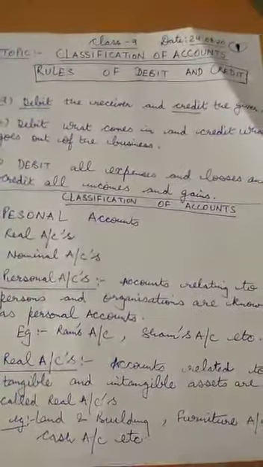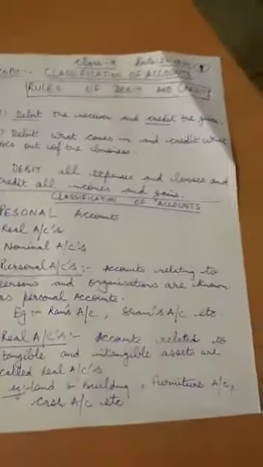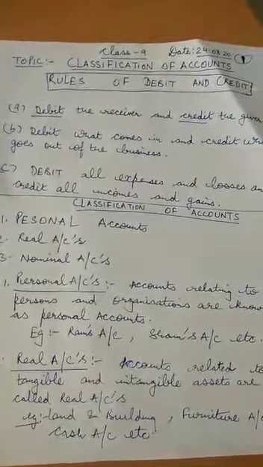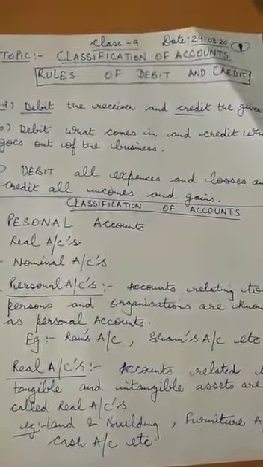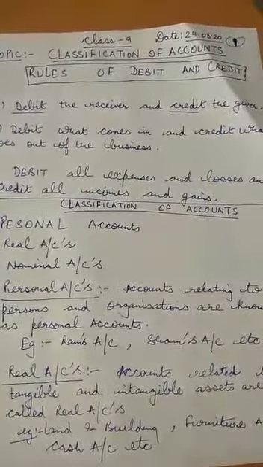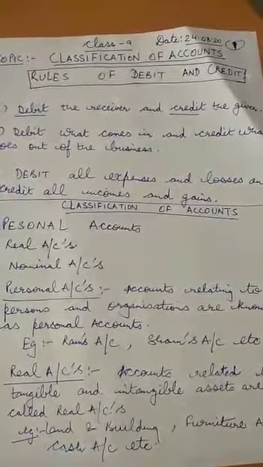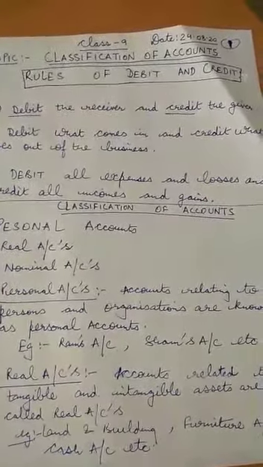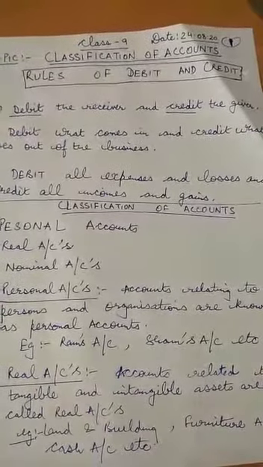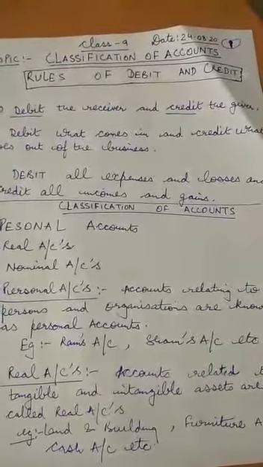As mentioned over here also, children, debit what comes in. Now let us understand this also with the help of an example. For example, children, if the firm purchases furniture for cash, what is coming in the business? Furniture is coming in the business as an asset.